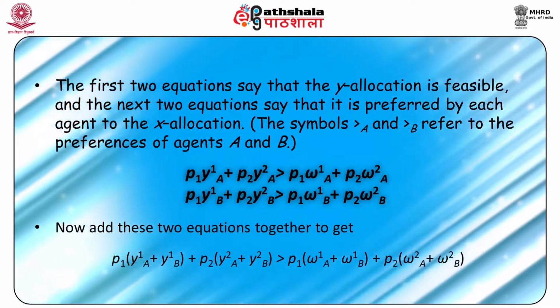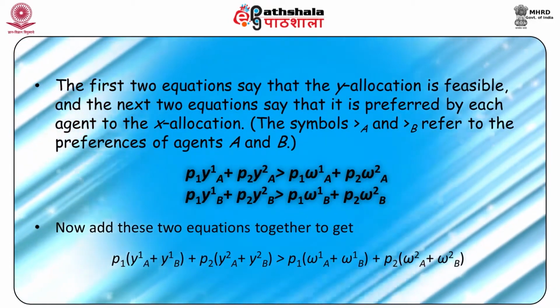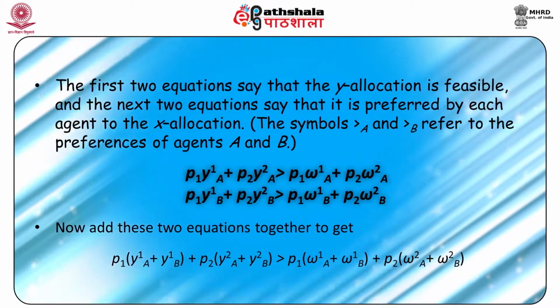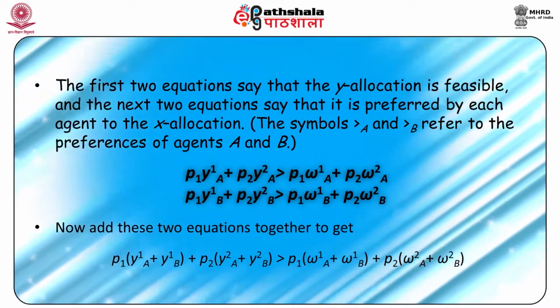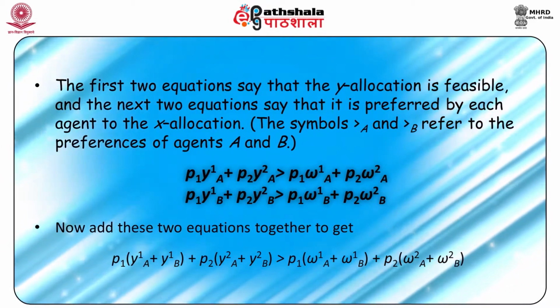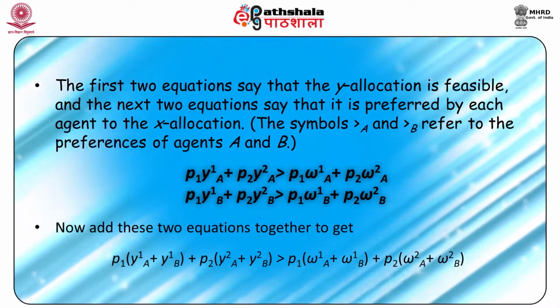That is, P1 y1a plus P2 y2a is greater than P1 omega 1a plus P2 omega 2a, and P1 y1b plus P2 y2b is greater than P1 omega 1b plus P2 omega 2b.